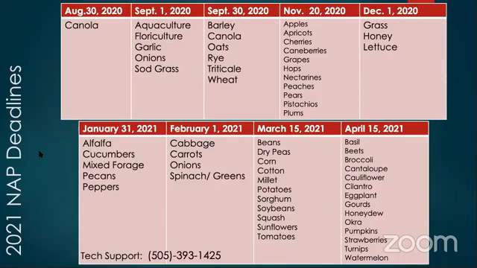The biggest thing on this program is you've got to get in before the deadline to get your coverage. I always get calls this time of year from farmers that have fruits and vegetables that have got hailed on, and unfortunately there's nothing I can do for them because they weren't signed up for this program before their growing season started.